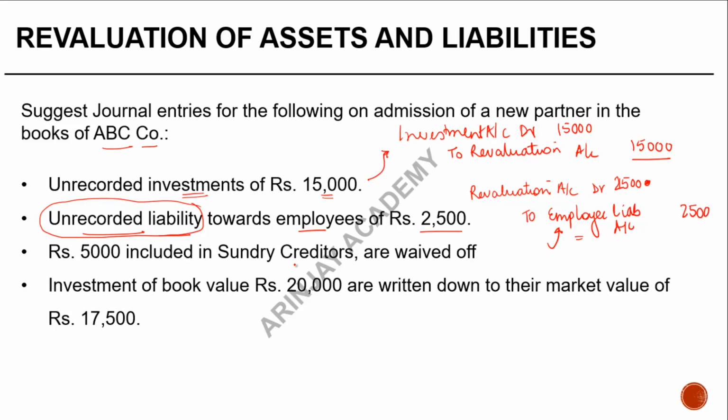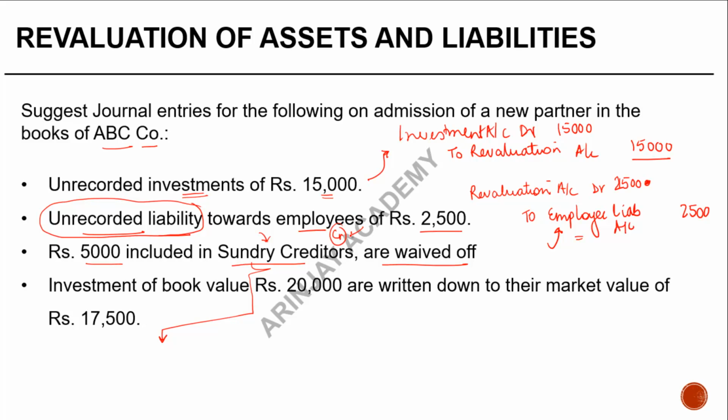2,500. Rupees 5,000 included in sundry creditors are waived off. What does this mean? We thought we have to pay 5,000 to a sundry creditor, but the gentleman or the gentlewoman agreed to waive it off, which means they said, you don't need to pay this to us. If we had included it in sundry creditors, what is the balance of sundry creditors? It's a credit balance.